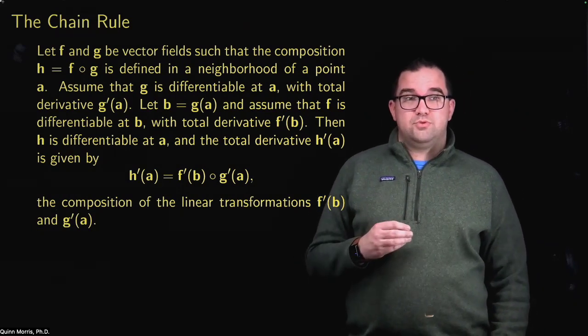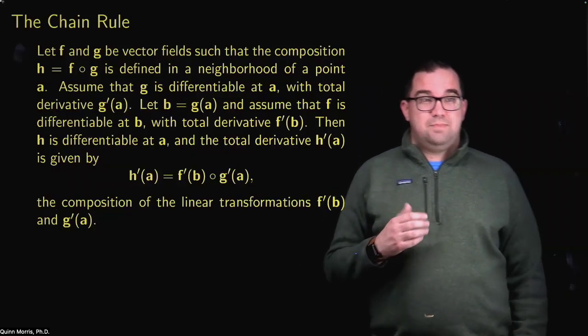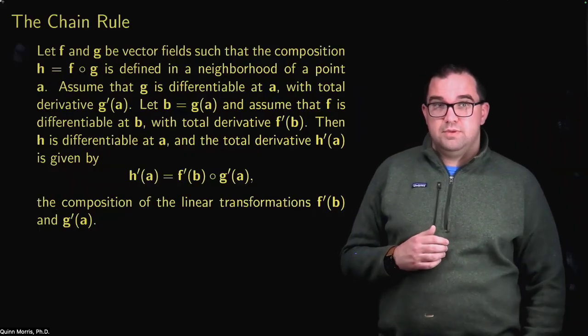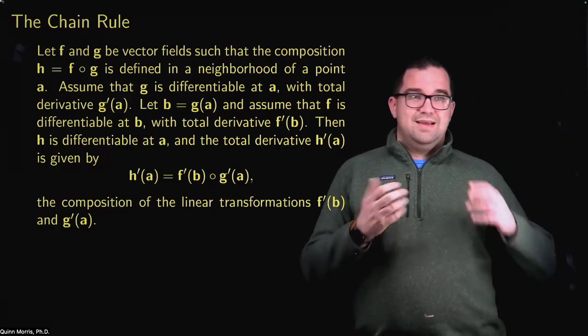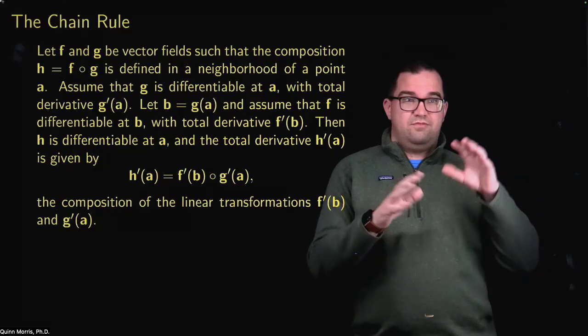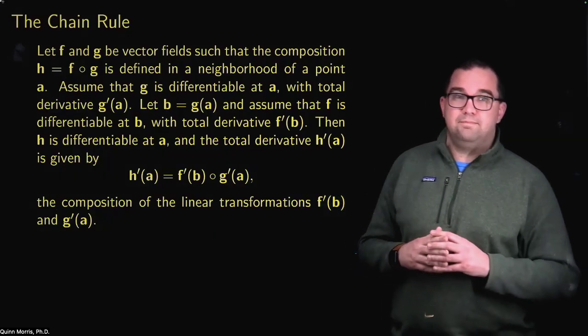The proof actually is understandable and fairly straightforward. It's on page 272 of the textbook by Apostol. If you want to go check it out, I would strongly encourage you to do that. It's just playing around with the definition of derivative and plugging some things in and comparing things appropriately.